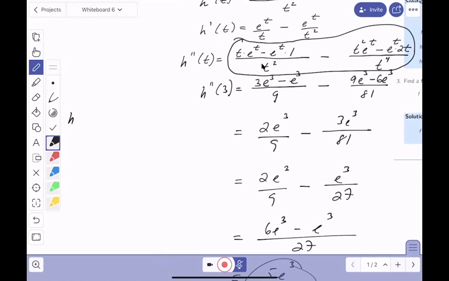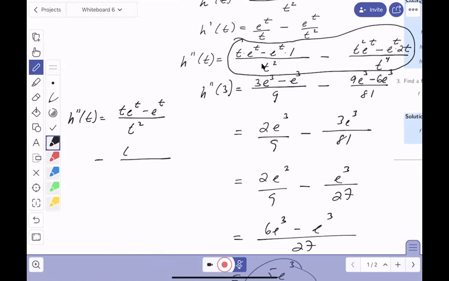So I'm going to write down h double prime of t. I'm going to simplify. This would be t e to the t minus e to the t over t squared, minus, I'm simplifying the second term now, I'm going to divide by t.